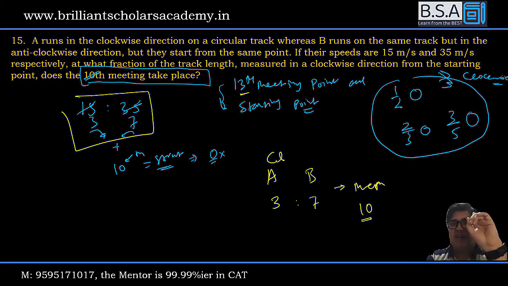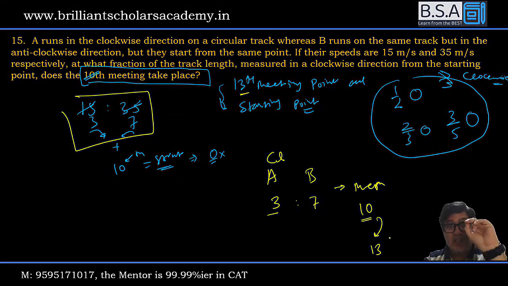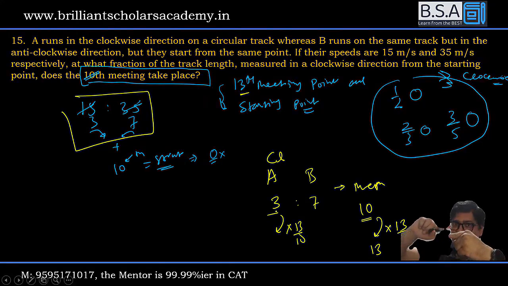For 10 meetings, A completes 3 circles. Follow this. For 13 meetings, can I say I need to multiply this? So how many loops will A complete? 13 by 10 multiplied. Because what do we need to find? We need to go in the clockwise direction to measure.